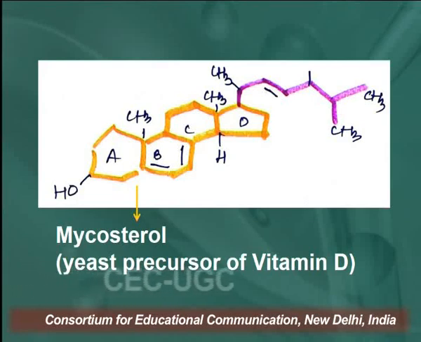This mycosterol contains an OH group on the ring at the 3 carbon atom, and the cyclopentane ring, which is the D ring on your screen, contains a long chain of carbon: CH3, CH2, double bond, CH, then CH3, CH, CH3 and then CH3.